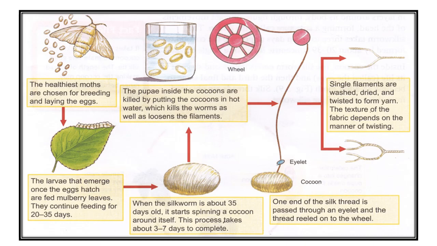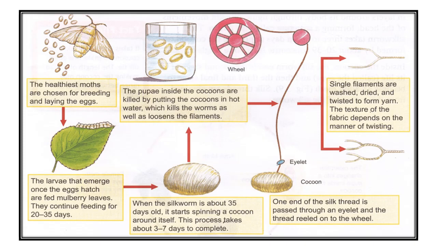At the end, let us summarize the processing of silk. The healthiest moths are chosen for breeding and laying the eggs. After that, we all know the larvae that emerge once the eggs hatch are fed mulberry leaves.